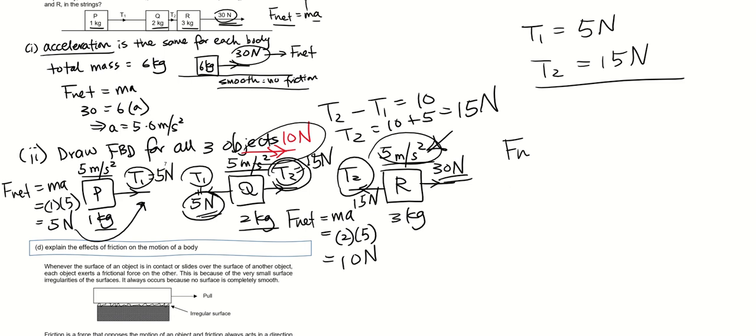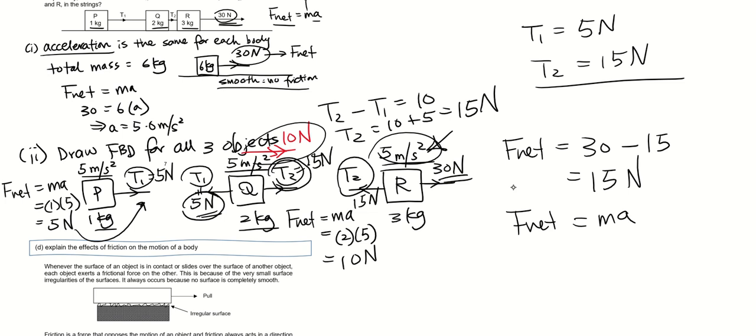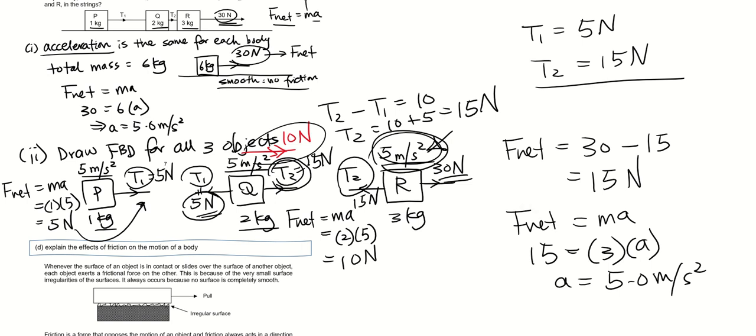So F net, we take the larger force, 30 minus 15, so I get 15 newtons. And F net is also equal to ma. So 15, and the mass is 3. What is the acceleration? If we do the calculation, it will be 5 meters per second square, which then tallies with what we have done.